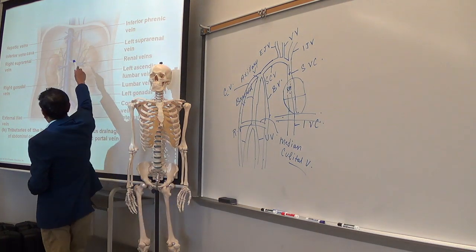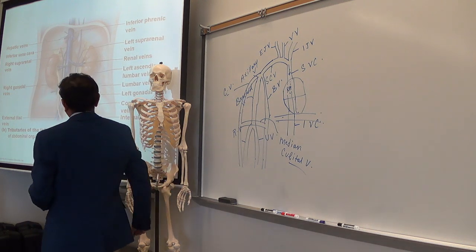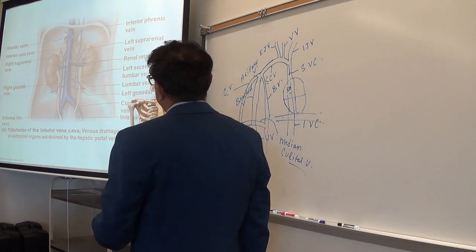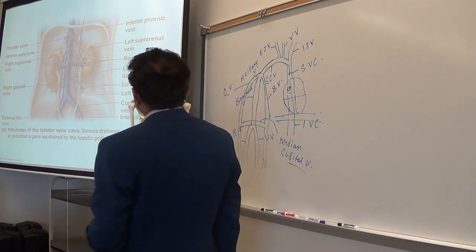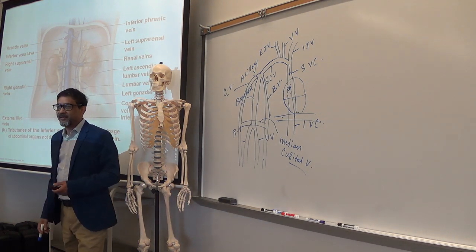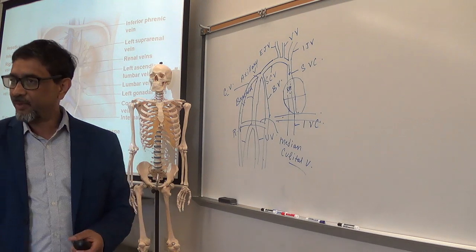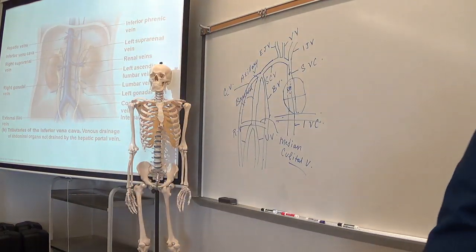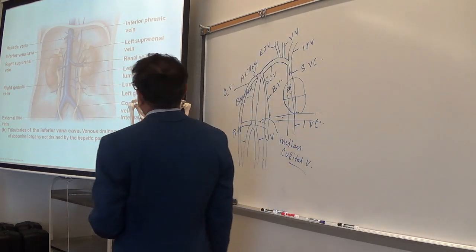If you see the upper part here, hepatic vein brings deoxygenated blood from the liver. Makes sense, right? Hepatic. Phrenic. Phrenic is what? Anybody? Diaphragm. You remember I said if you hear phrenic, that indicates diaphragm, right? So phrenic veins bring deoxygenated blood from the diaphragm. Hepatic from the liver.